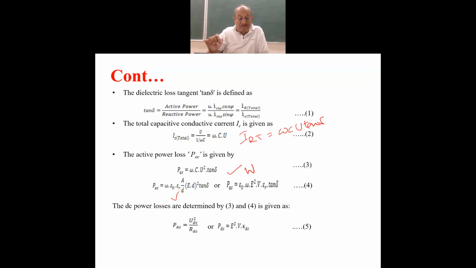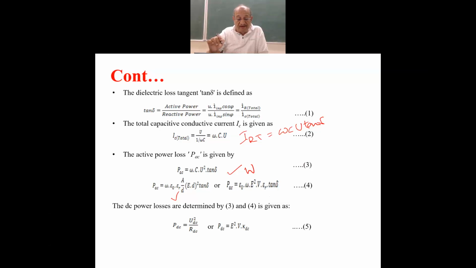And in uniform field, E is equal to U by D. So U will be equal to E into D. So E into D whole square is replaced for the voltage.